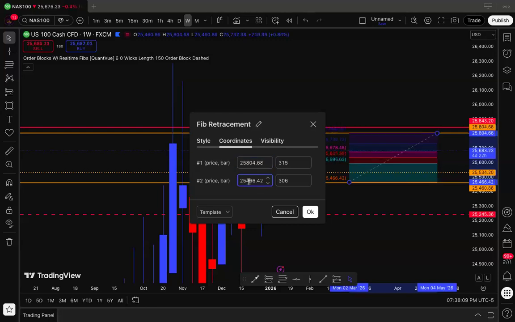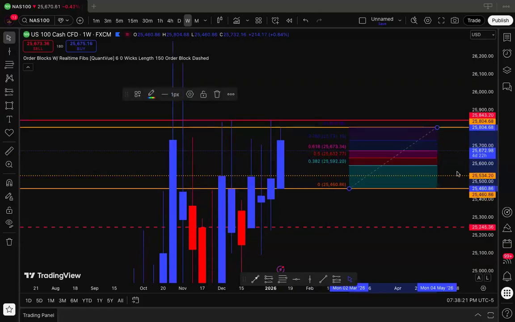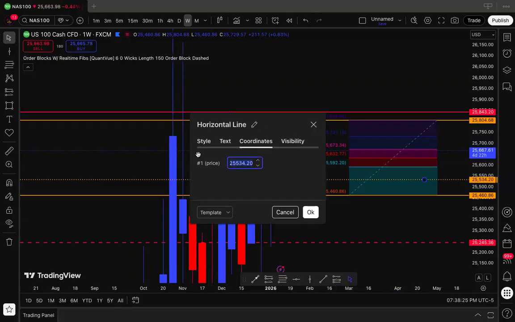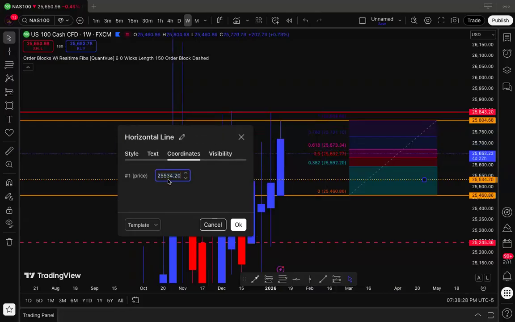The high is 25,804.68 and the low is 25,460.86, giving a midweek level of support of 25,632.77.